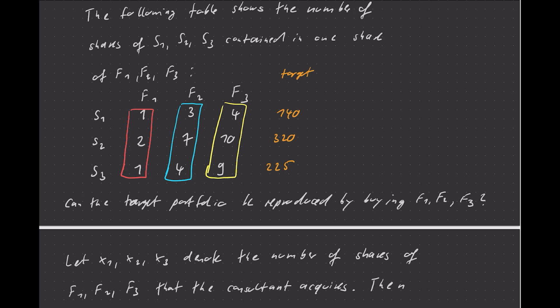Well, basically, we have to look at this line here. And we get X1 times 1 shares from buying F1. We get X2 times 3 shares of S1 by buying F2. And we get 4 times X3 shares of S1 through buying F3.